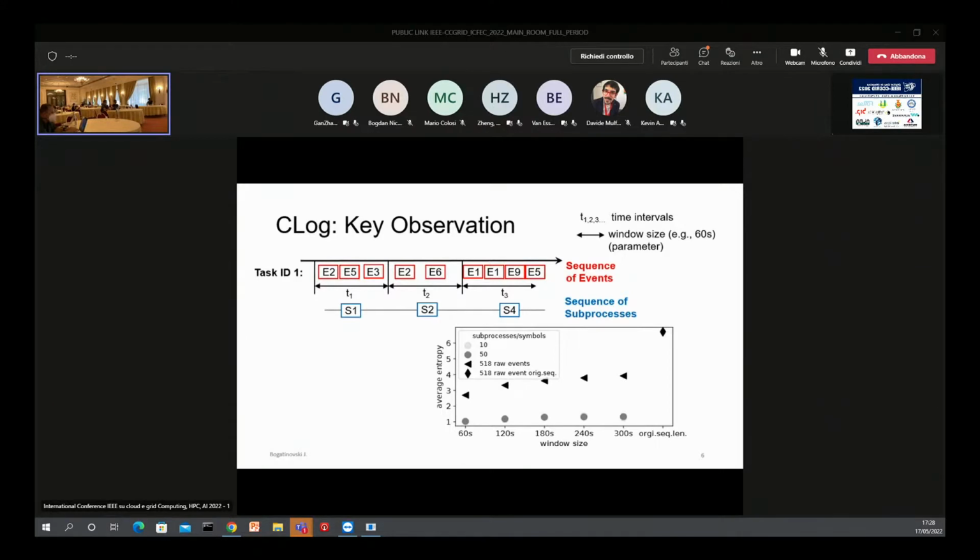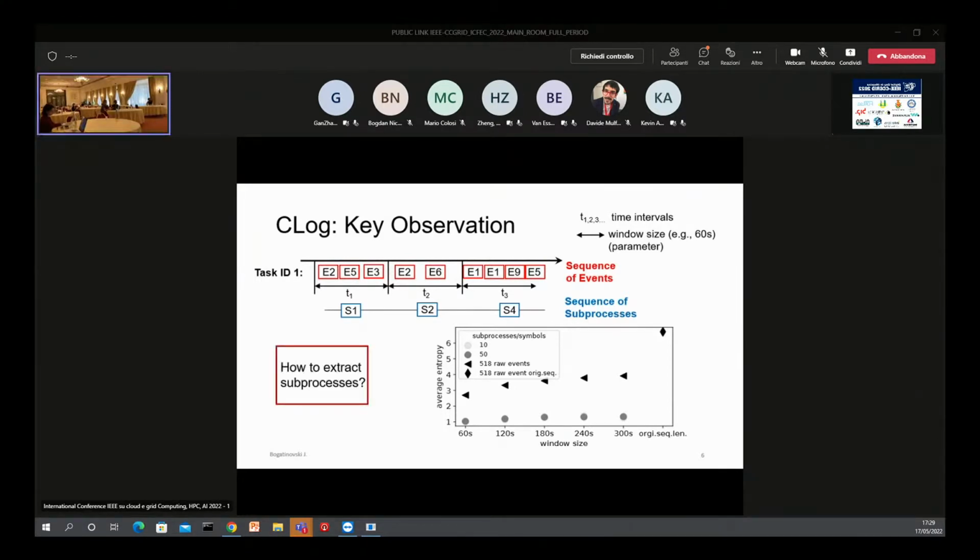If we represent the sequence as a sequence of windows, the entropy is a bit lower, shown by the triangles. If we represent the sequences with subprocesses, then we have a smaller number of symbols, and the entropy is the smallest. This is the main observation behind why we take this approach.